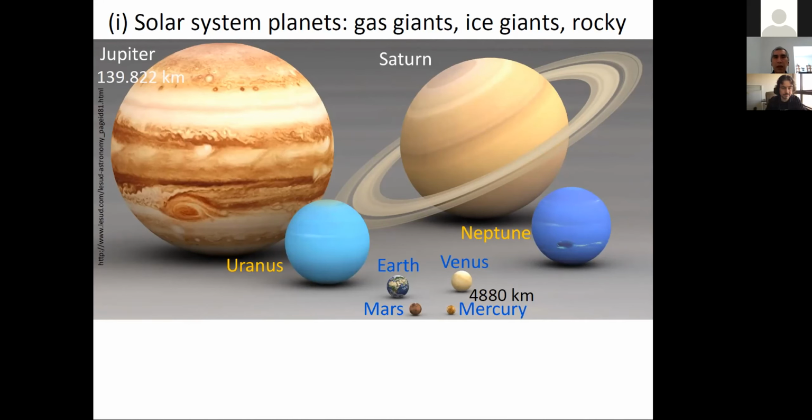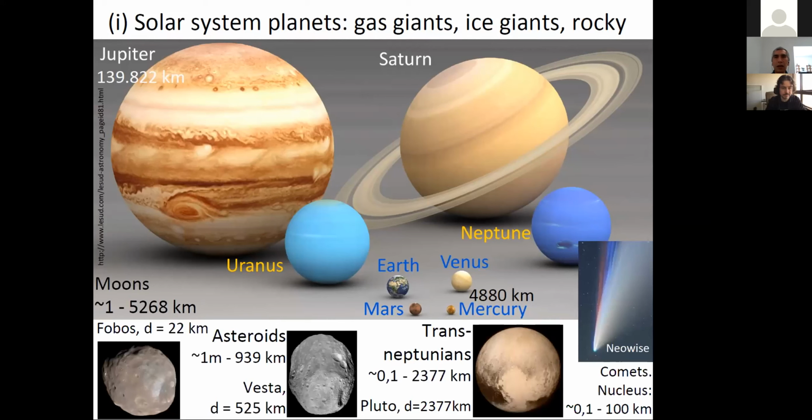But on top of that, we can see many small objects like moons from about 1 kilometer to about 5,000 kilometers, asteroids from just a meter size to about 1,000 kilometers, also trans-Neptunian objects like Pluto, and comets, also originated from the trans-Neptunian region or farther out in the Oort cloud.